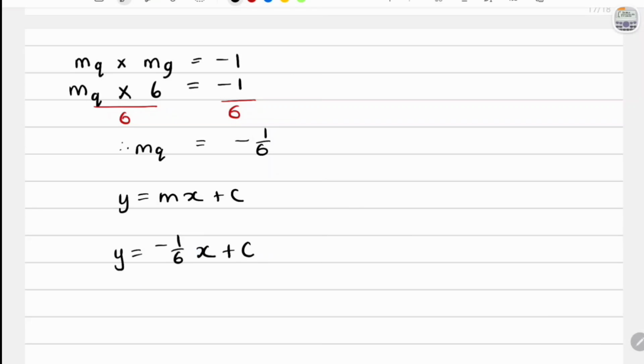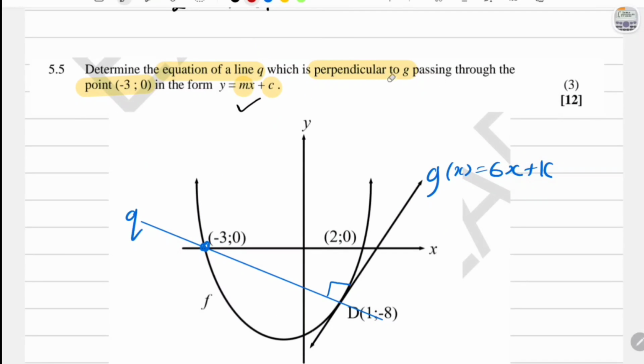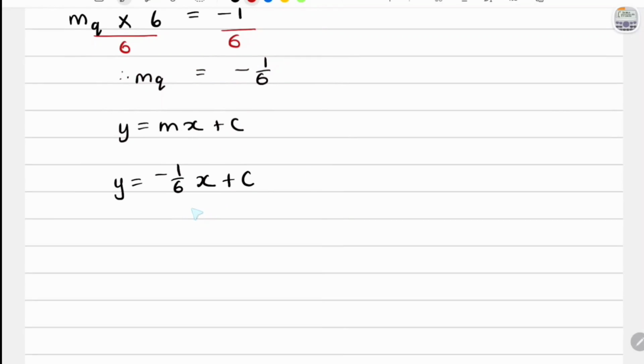To find c, if you have a point that you can put in place of x and y, it will form an equation where you can find c. Remember the points they gave us, they said that it passes through the point (-3, 0). So let's go ahead and use that. This is our x, this is our y.